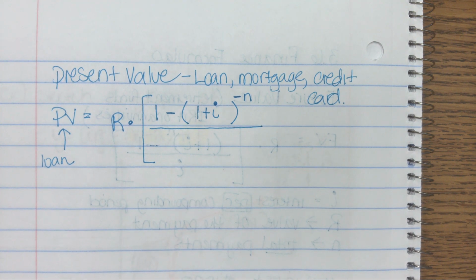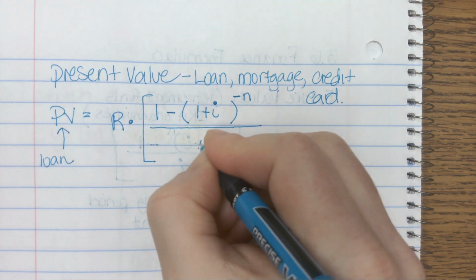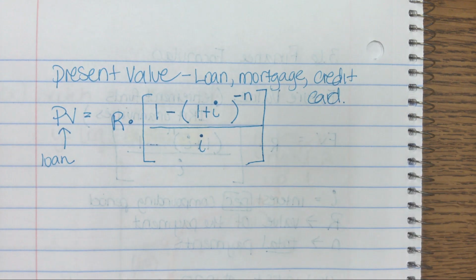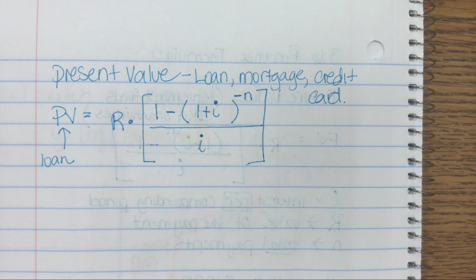And then on the bottom, once again, we just have I. Okay, so make sure you have that all written down. I'm not going to write down what the things are because the things are the same.